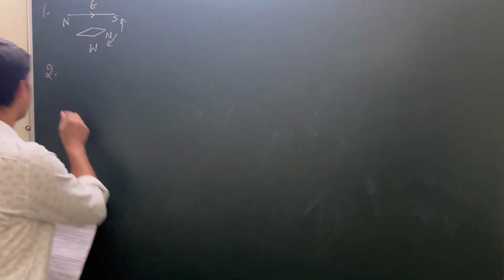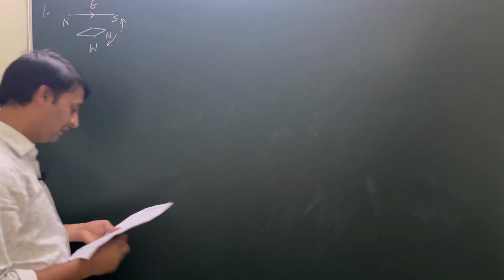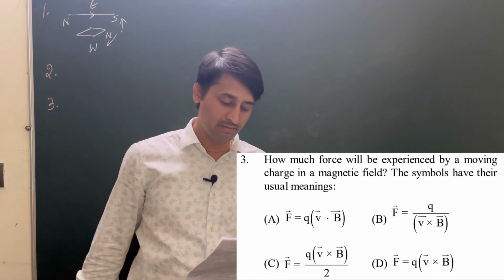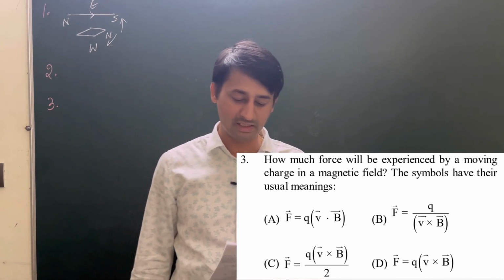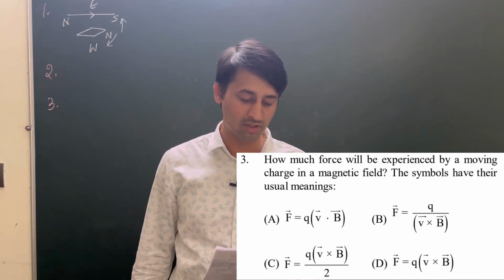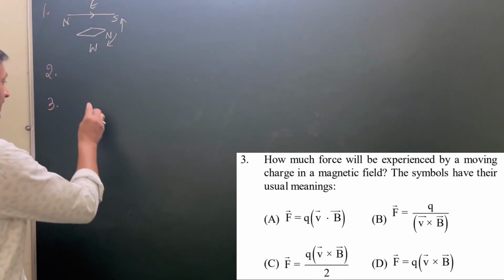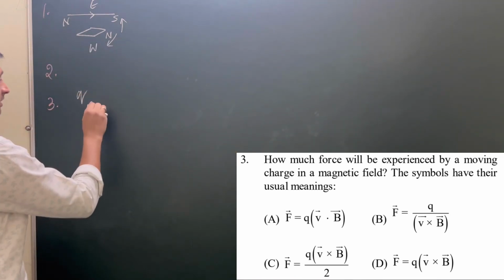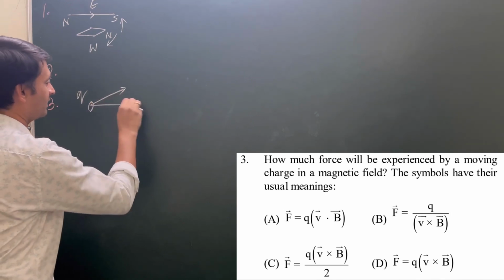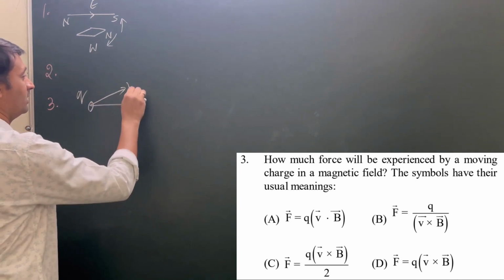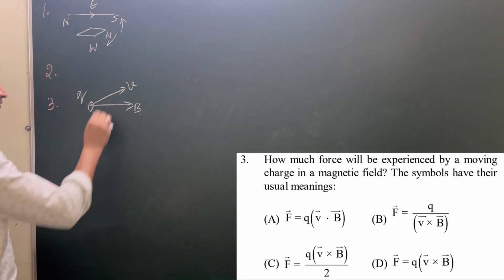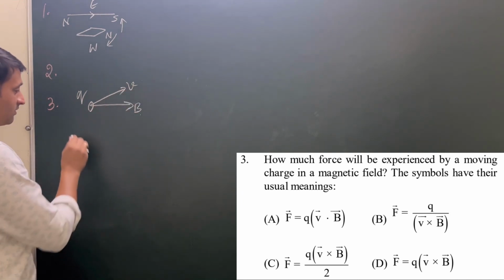Next, question number 3. How much force will be experienced by a moving charge in a magnetic field? The symbols have their usual meaning. Now, when a charged particle is moving in a magnetic field with some velocity v, this charged particle will experience a force.